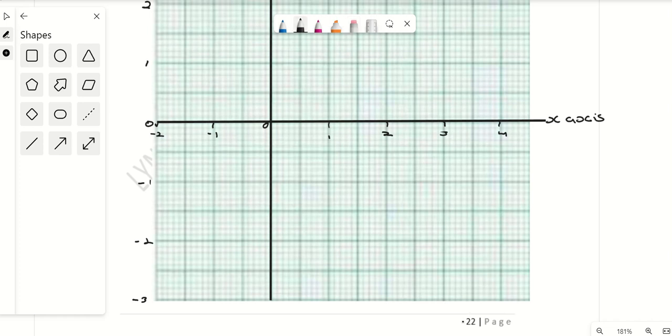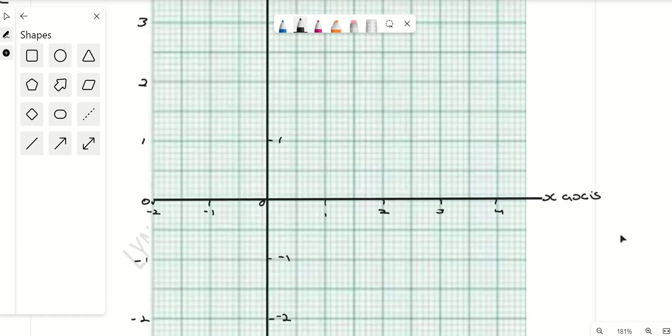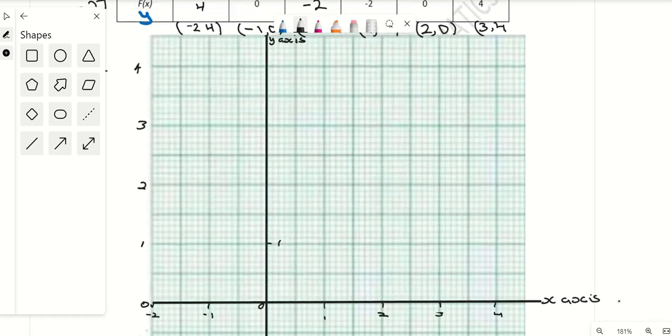So very likely you're going to draw it with pencil and then erase it after you have used it. So we're going to have -3, -2, -1. We already know this is 0, 1. Let's go up, 2, 3, and 4.